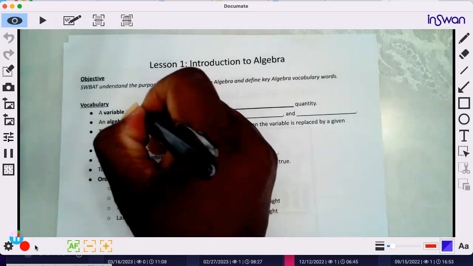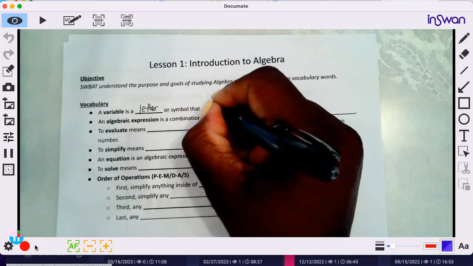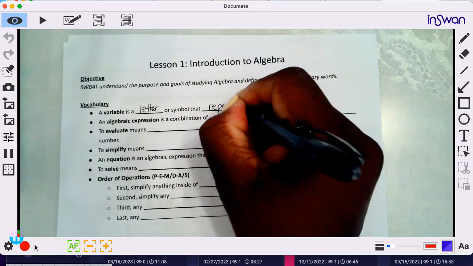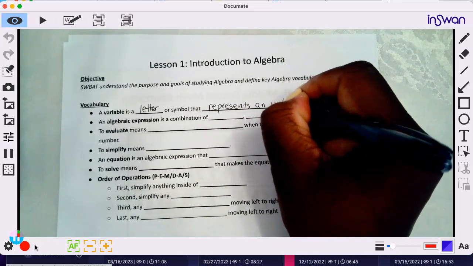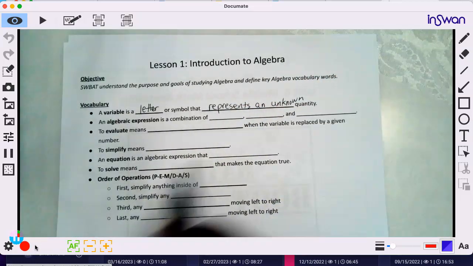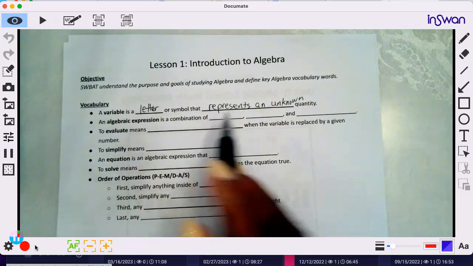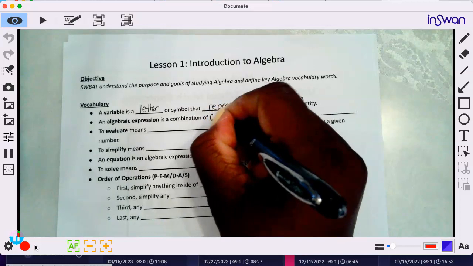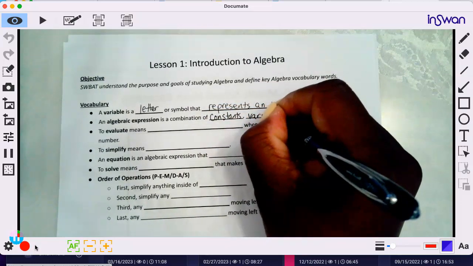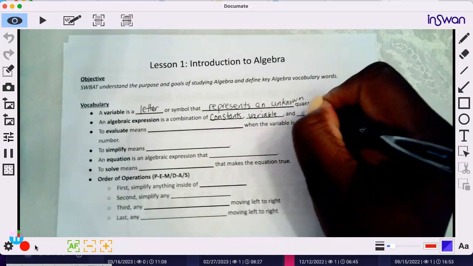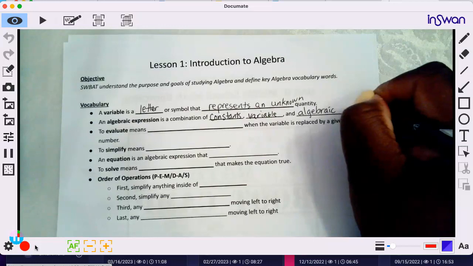A variable is a letter or symbol that represents an unknown quantity. An algebraic expression is a combination of constants, variables, and algebraic operations.